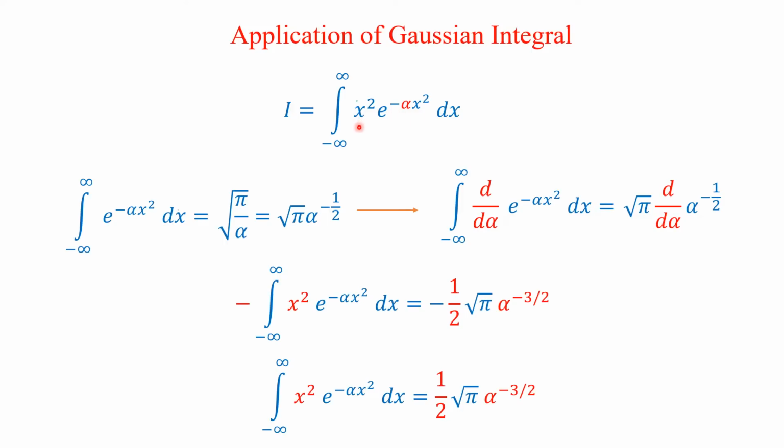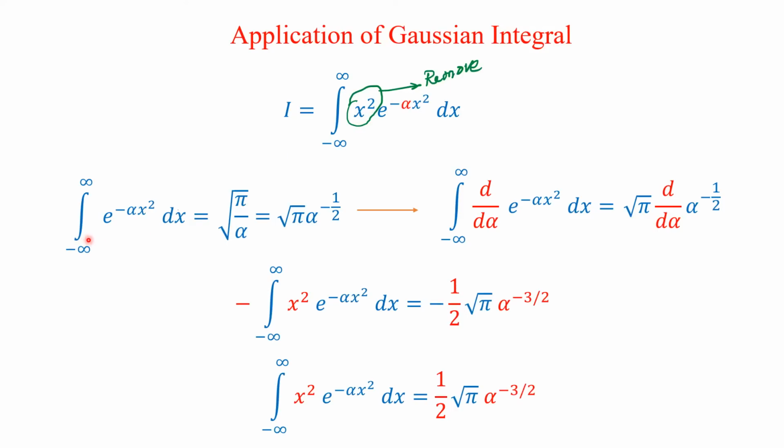So naturally this integral is very, very important to solve most quantum mechanical problems. Now I'm going to apply a small trick. Just remove the x squared from this integral. Later on, we are going to add it back.